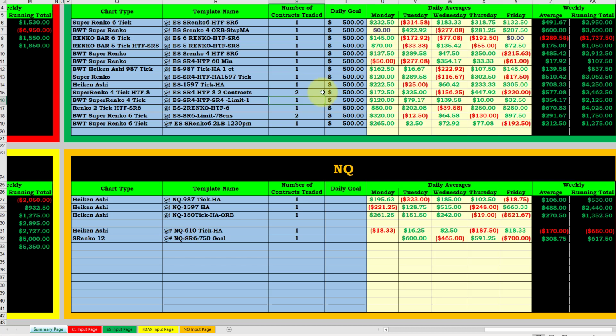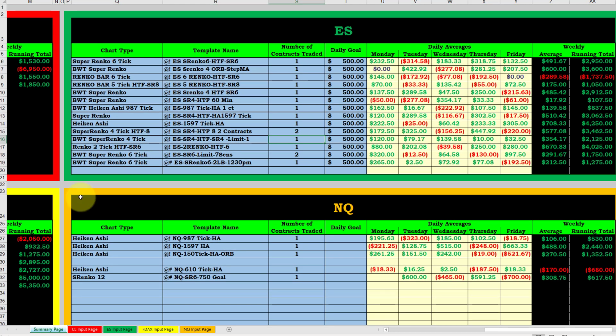Do keep in mind that this is only about 5 or 6 weeks of performance that I've been tracking these charts. Once we get to, say, 3, 4, 5, 6 months, we'll have some really valuable data here. We may even be able to begin to gather data on what day of the week the S&P is winning or losing, and include that in making a template or figuring out what the best days to trade are and things like that.